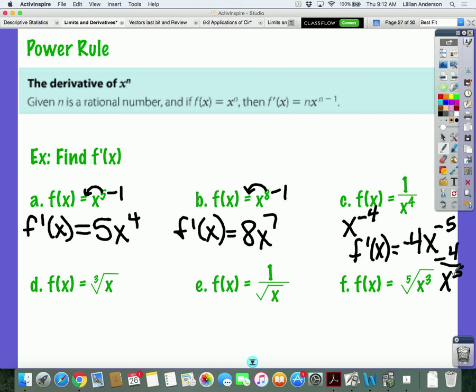Now radicals. X to the 1/3. They can be written using rational exponents. This is going to be x to the 1/3. Same rule, same concept applies. You bring the exponent down to the front. That turns into 1/3 x. What's 1/3 minus 1? Negative 2/3.